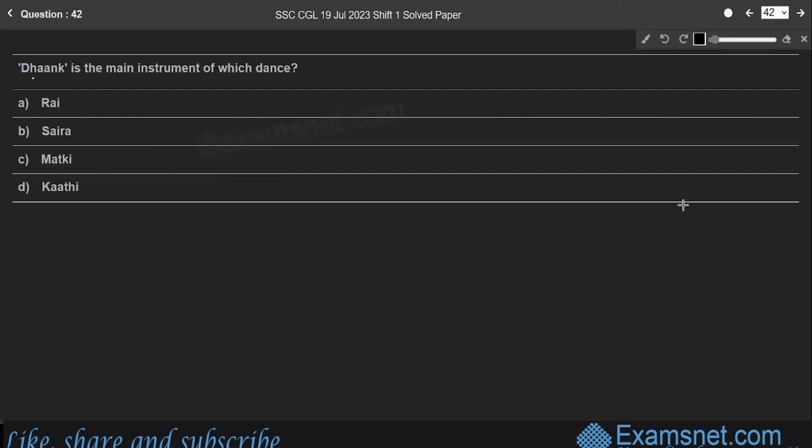Question 42. Dhank is the main instrument of which dance? So dhank is an instrument used in Kathi dance. Option D is the right answer, students. Here Kathi is the traditional dance form of the Nimar region, performed in honor of goddess Parvati.